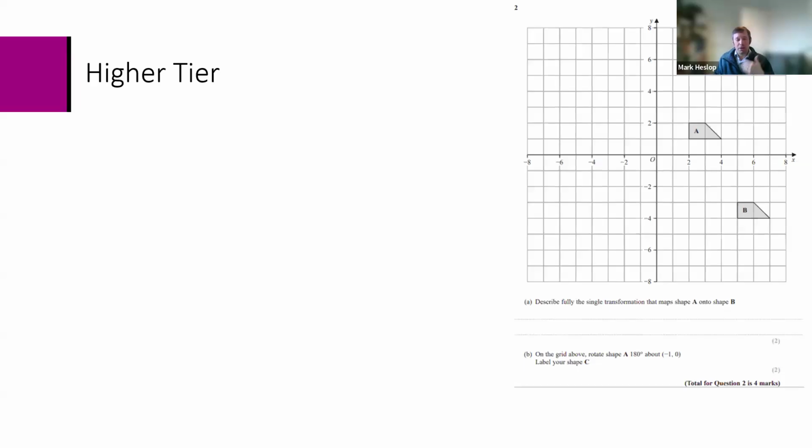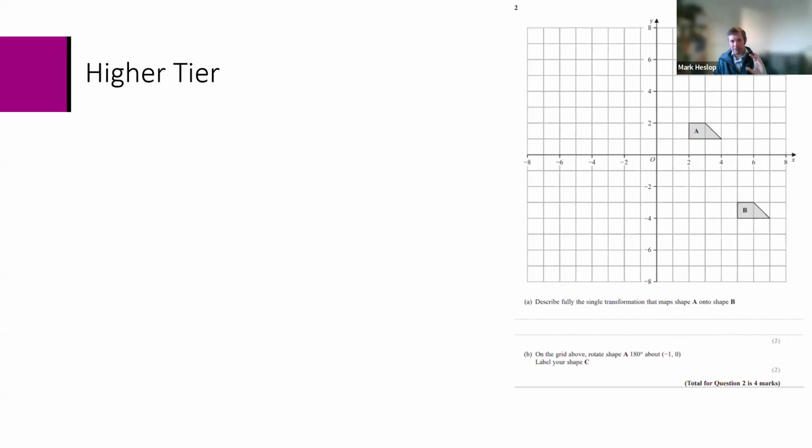And I don't think it's that they're misreading the question. I don't think they're just going, okay, I just need to put some transformations down. I think we should take that to mean that they don't know how to describe a rotation. So I think that's the root cause.